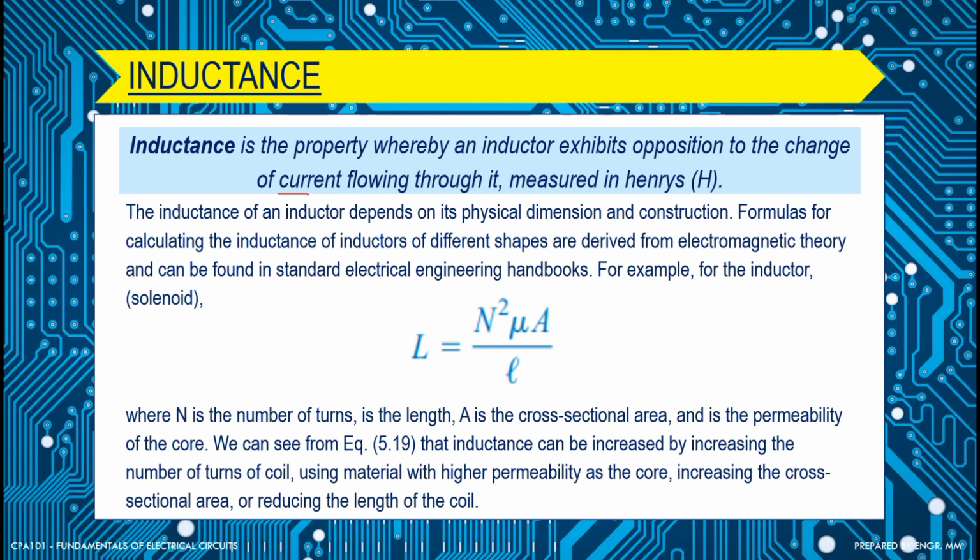Okay, so the inductance of an inductor, as I've said a while ago, depends on the physical dimension and construction. So our formula, L is equal to N squared mu A over L, where N is the number of turns, L is the length, A is the cross-sectional area, and mu is the permeability.